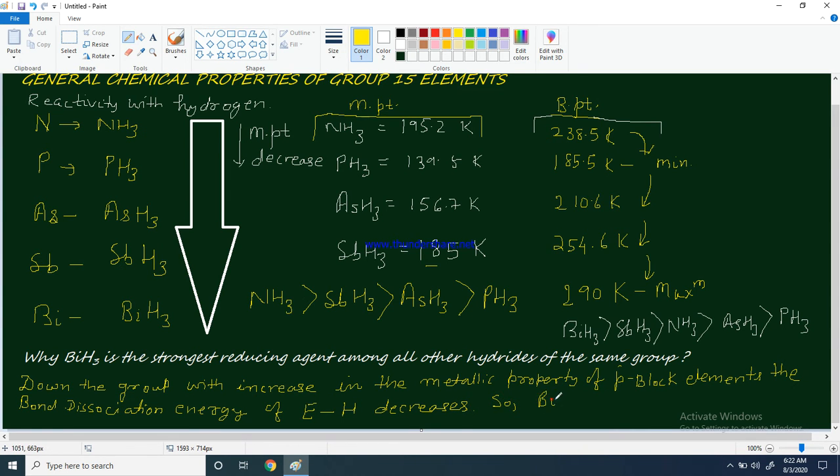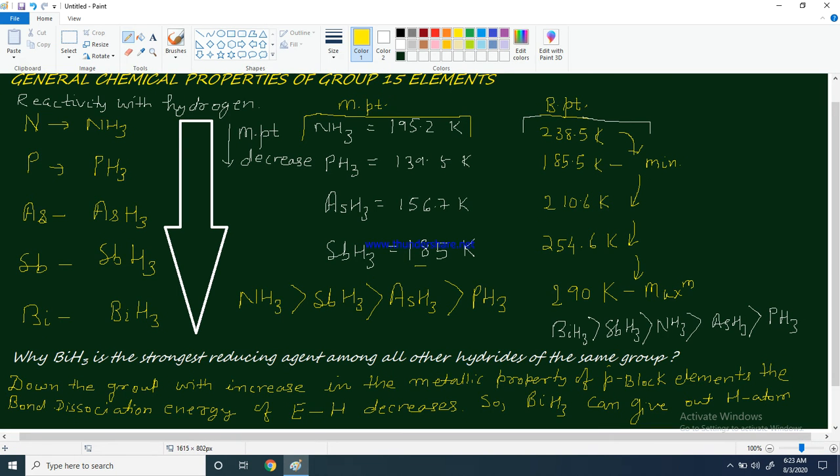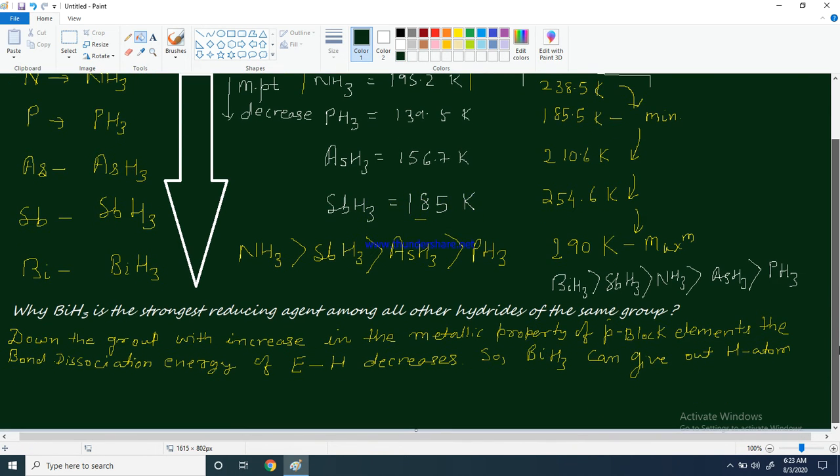So BiH3 can give out hydrogen atom more easily than other elements.